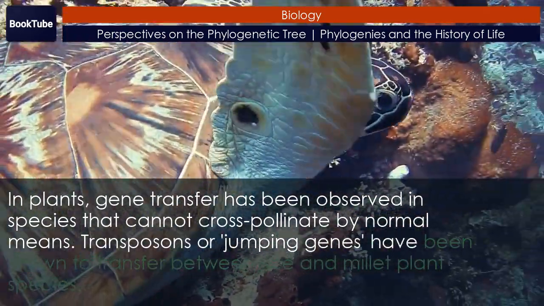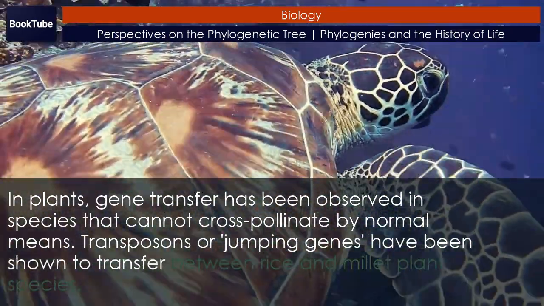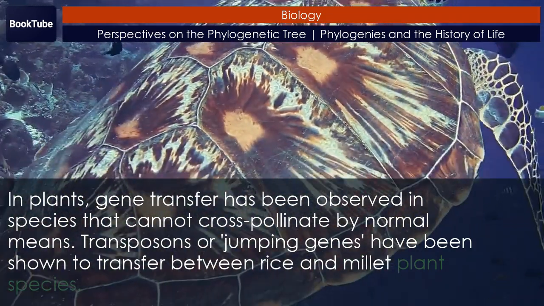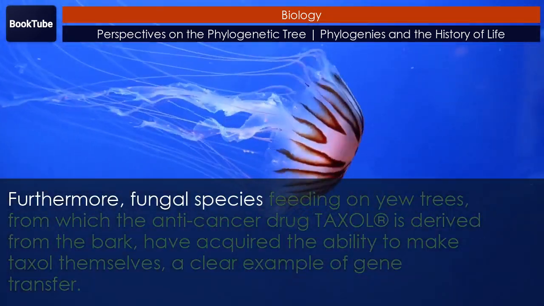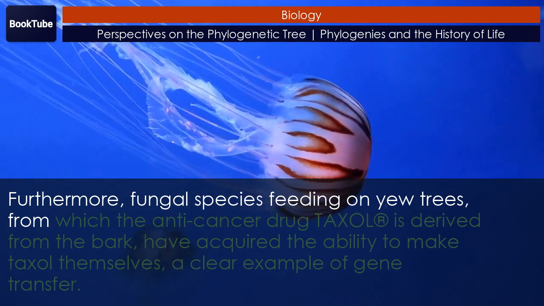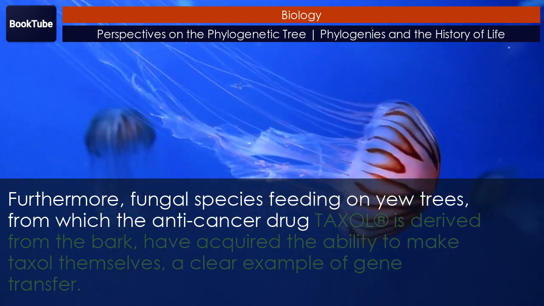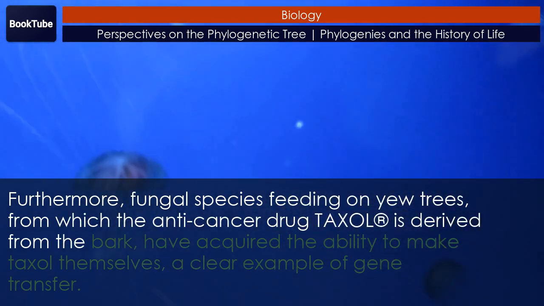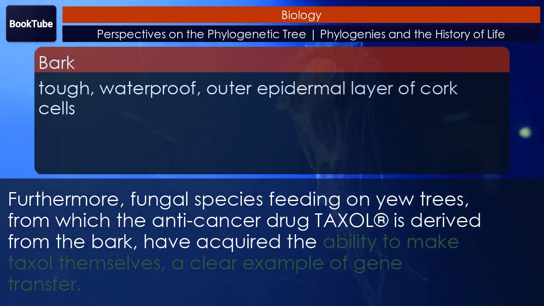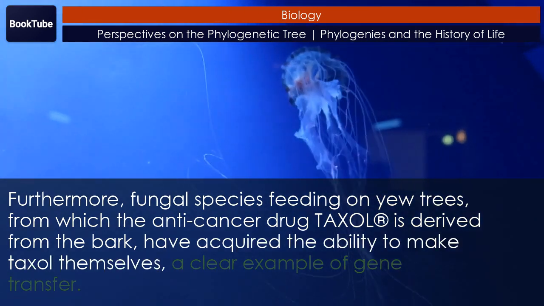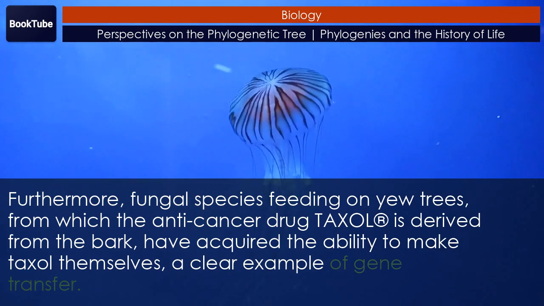Transposons or jumping genes have been shown to transfer between rice and millet plant species. Furthermore, fungal species feeding on yew trees, from which the anti-cancer drug Taxol is derived from the bark, have acquired the ability to make Taxol themselves, a clear example of gene transfer.